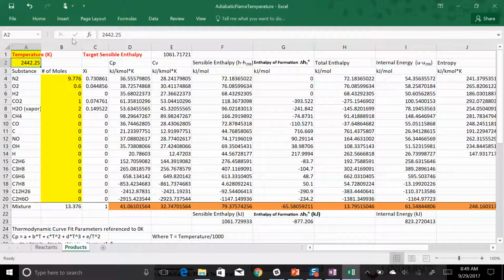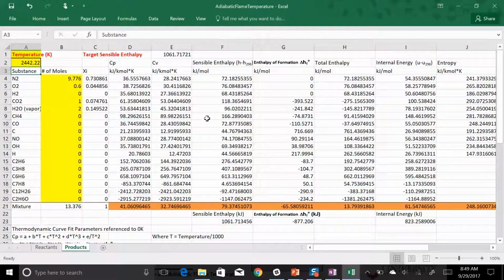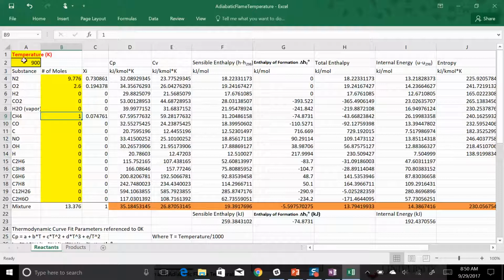Maybe somewhere around 42.22. Yeah, there we go. We're looking pretty close at this point. So this is how we would find the adiabatic flame temperature for burning methane in 130% excess air, assuming, remember, this is all based on the reactant starting at 900 degrees.